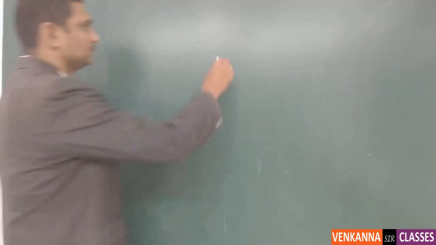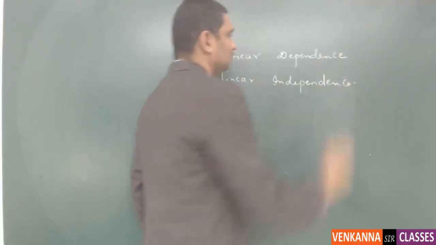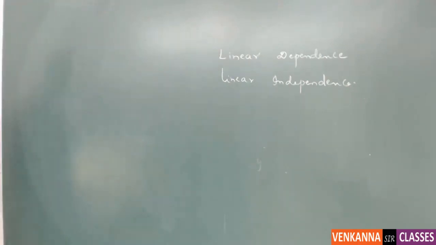So let us take some definitions here. Linear dependence and independence. These two definitions are very important with regard to problematic view as well as exam perspective. So let us take a small example which will give an idea for you.